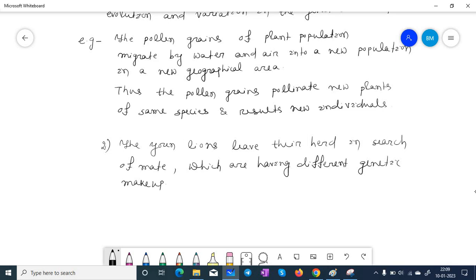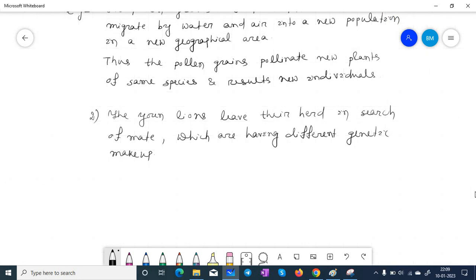They reproduce and produce new offspring. This results in variation of species and new combinations, and ultimately it leads to evolution.